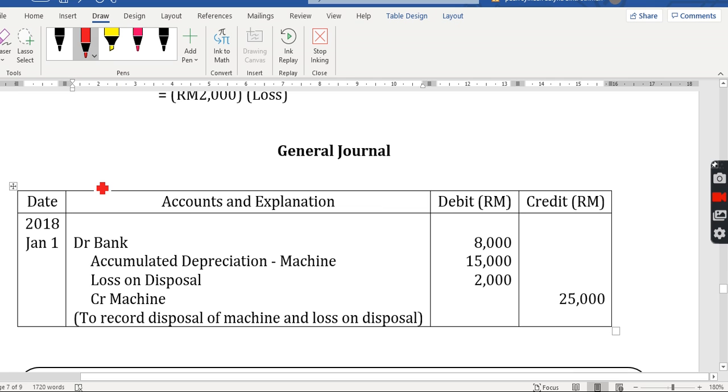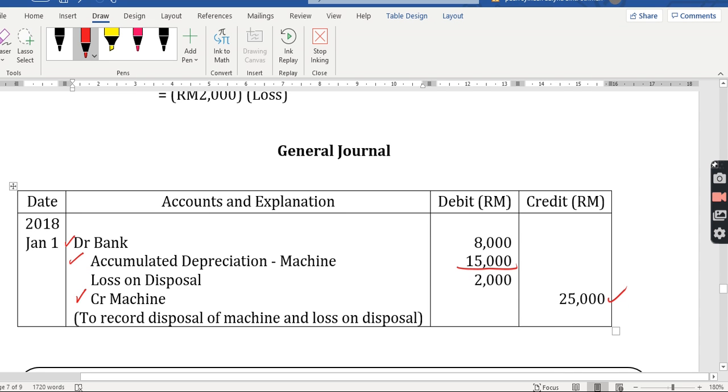We will debit bank 8,000 because the payment was made by check. And you need to close the accumulated depreciation to the date. As you calculated earlier, your accumulated depreciation is 15,000. So I will debit accumulated depreciation with the amount of 15,000. And I will close the machine account because we are selling the asset. So we will credit machine with the amount of 25,000.